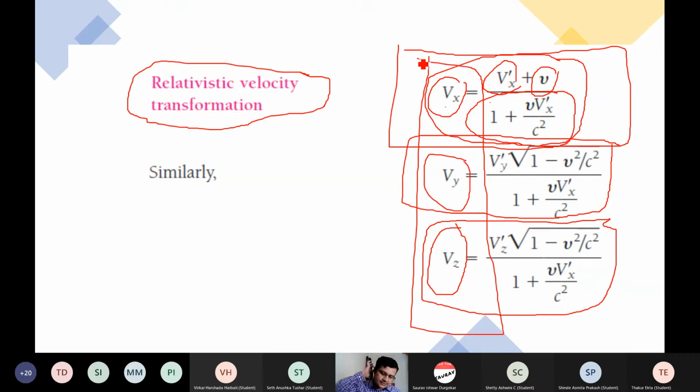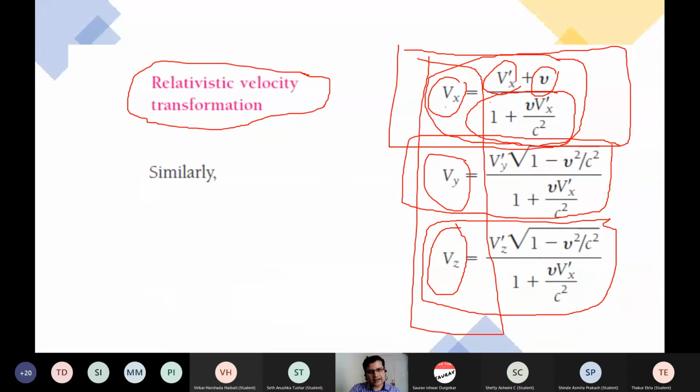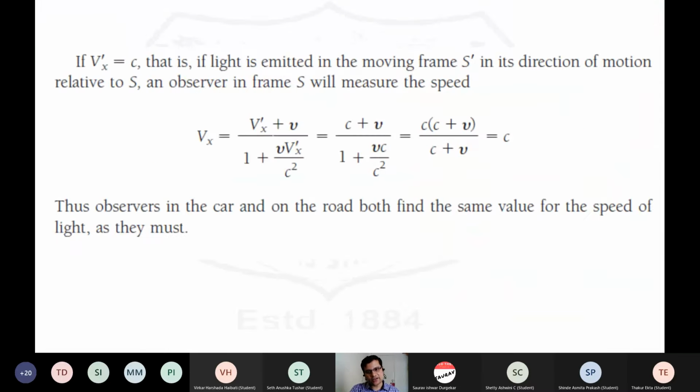Hope you understand these are the three relations. I think there is no question because I explained how to derive these particular relations. Mathematics plays a role over here, and we got these ultimate three equations. We call them the relativistic velocity transformations.